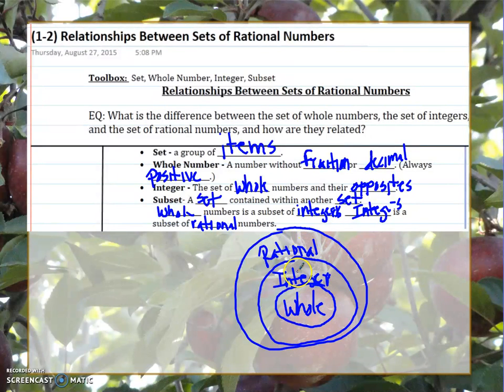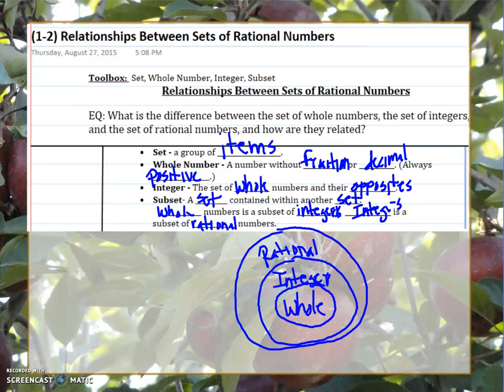All integers are integers and rationals are just rational numbers. Whole numbers are numbers that are not fractions and decimals, and they're always positive. Integers are whole numbers and their opposites, and rational numbers are fractions and decimals.